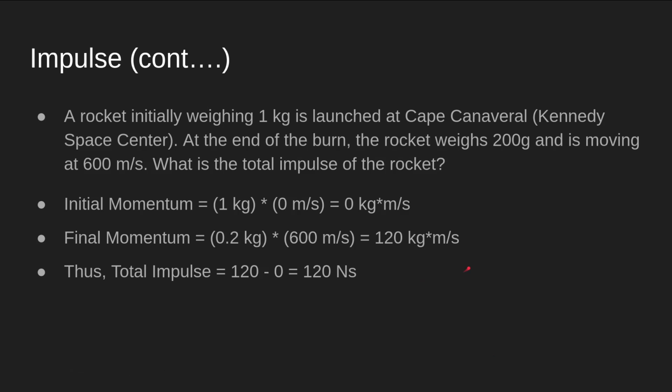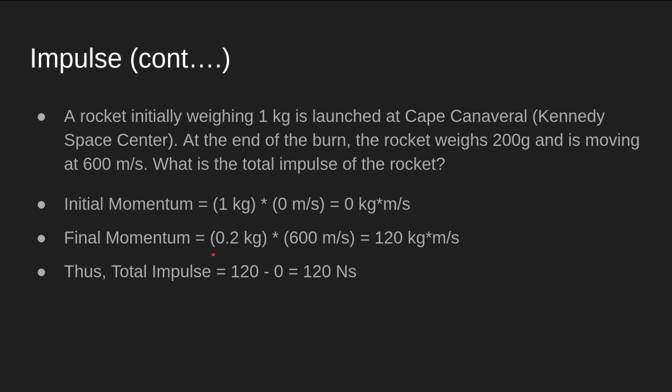And then here's an example using the change in momentum formula. So a rocket initially weighing 1 kilogram is launched at Cape Canaveral, or the Kennedy Space Center. At the end of the burn, the rocket weighs only 200 grams, but is moving at 600 meters per second. What is the total impulse of the rocket motor? So the initial momentum, we can figure that out. It's just the mass times the initial velocity, which is 0. It's at a standstill, so it has 0 initial momentum in this frame.